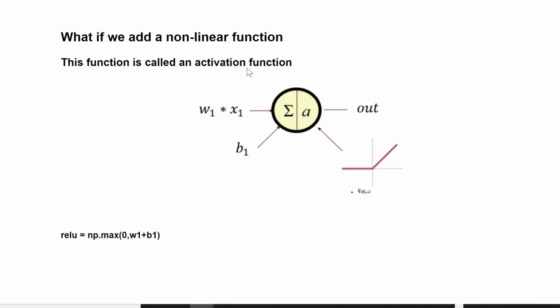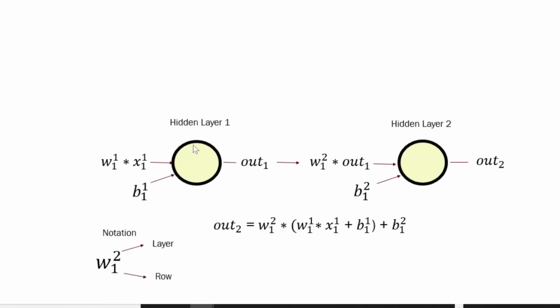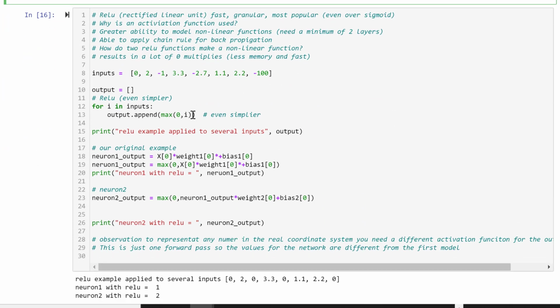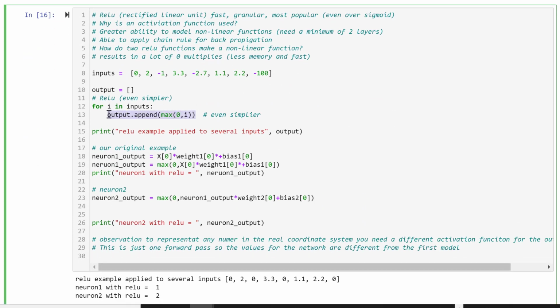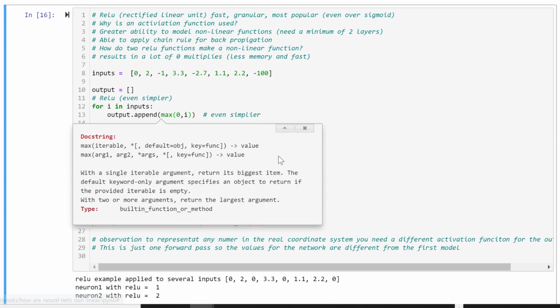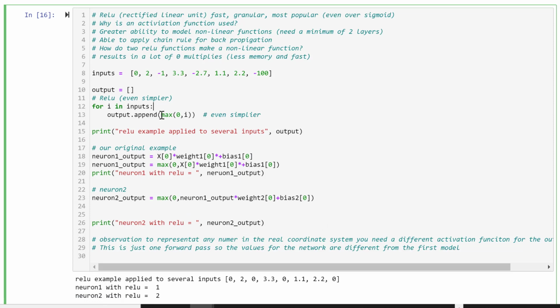Now we're going to add the activation function, and notice how simple the ReLU activation function is in Python. It's just the max between 0 and the value. By the way, if you're not familiar with how to get help in Jupyter Notebook, it's Shift-Tab, and then we can see the help on that function. We're just going to take the max of 0 or whatever the output is for our value.